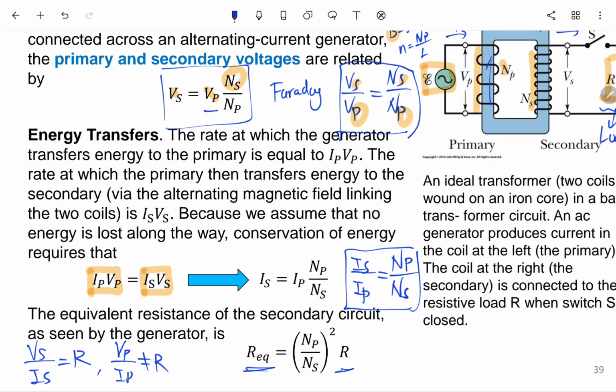It is actually this stuff. Vp over Ip we define to be R equivalent, which is the impedance seen at the primary coil. Okay, and then we can make use of these two. Let's see.